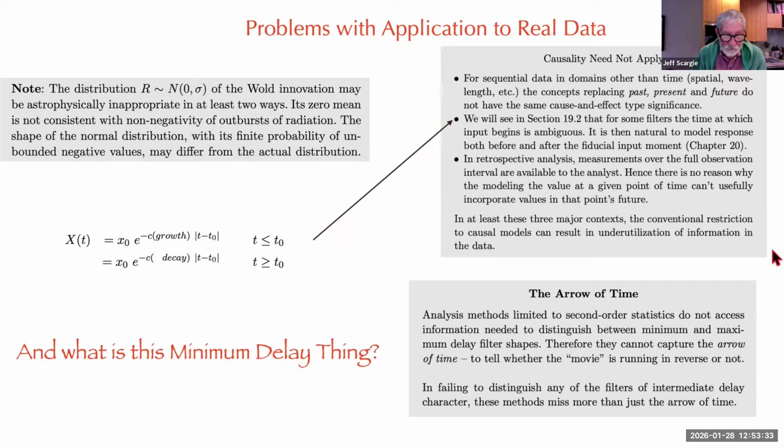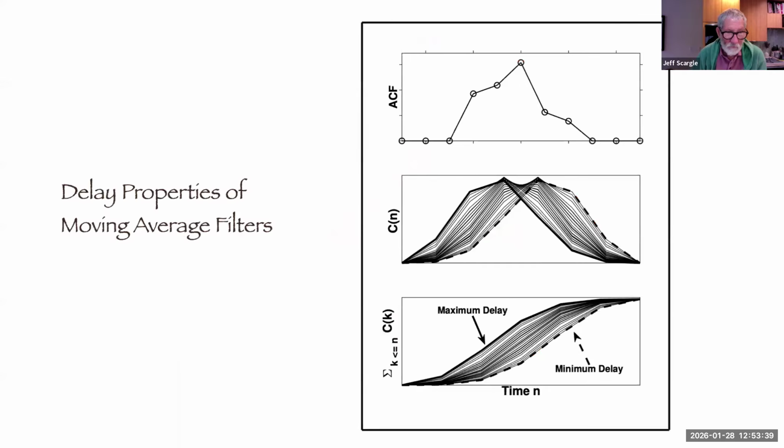Let me skip the arrow of time. There's a similar thing there. But so minimum delay, this is kind of a neat concept. There's sort of a degeneracy. If you specify an autocorrelation function, here's a toy autocorrelation function which has 5 non-zero values embedded in zeros on either side, there's not just one shape that has that autocorrelation function.